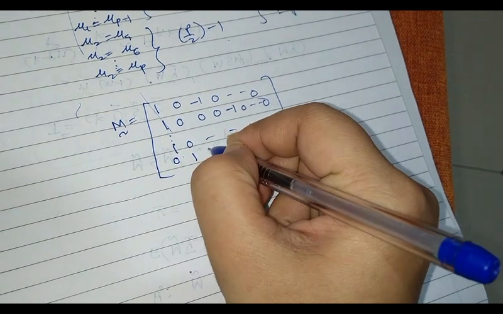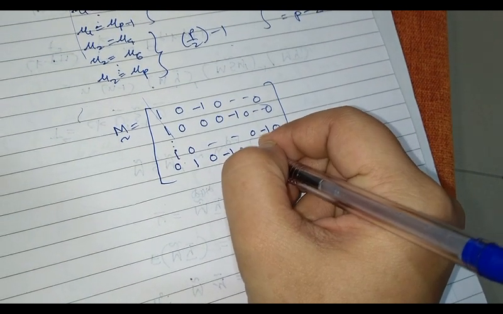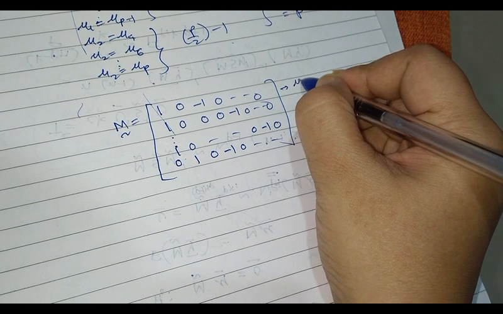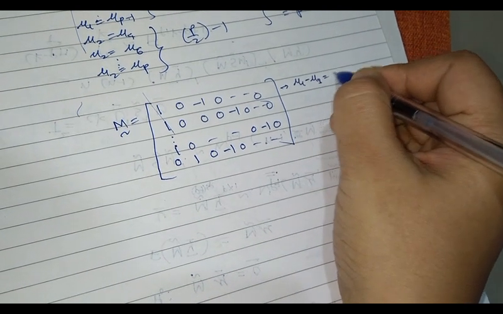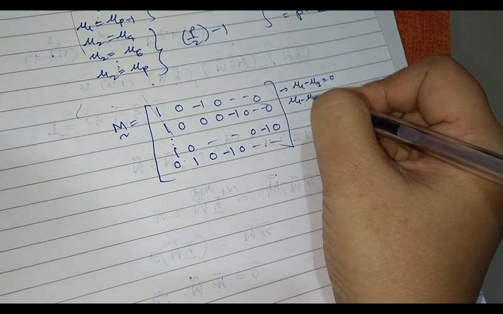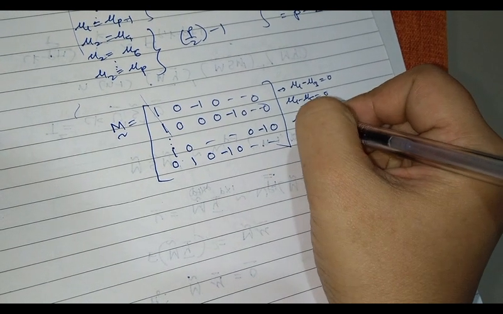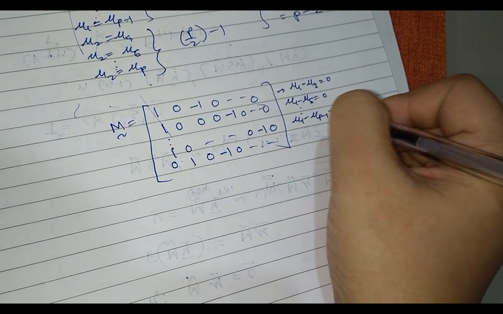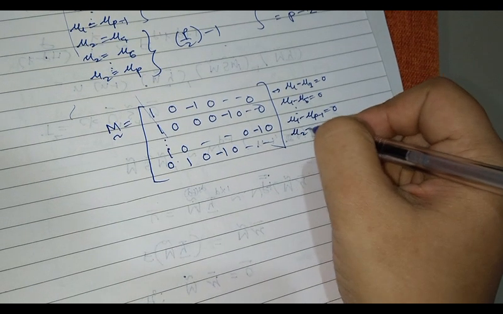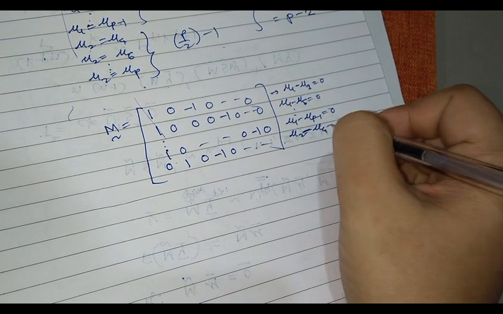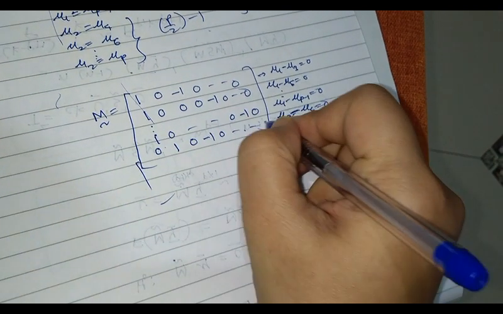Then I'll have 0 1 0 minus 1 0. This line is for mu1 minus mu3 equal to 0. This line is for mu1 minus mu5 equal to 0. This line is for mu1 minus mu P minus 1 equal to 0. This line is for mu2 minus mu4 equal to 0, and so on.